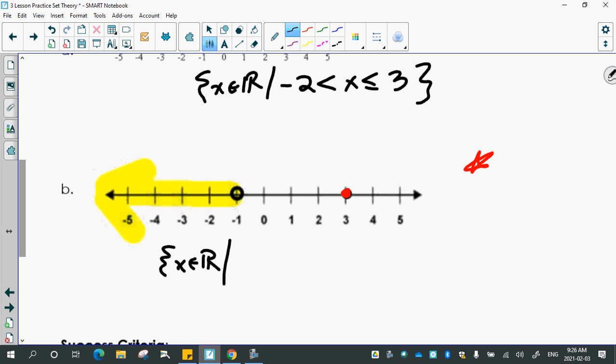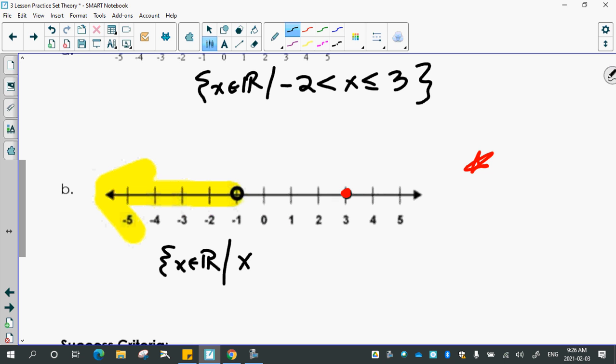So first, let's describe the yellow set, we could call it. Remember, when it's not bounded, you start with x. So x is an element of the reals as long as x is, and then describe how the set relates to x.